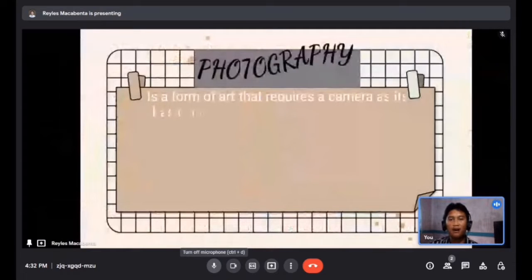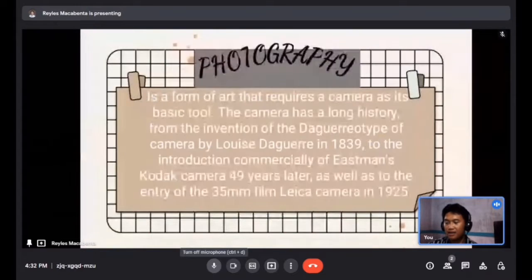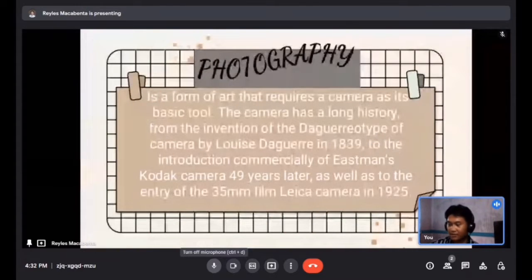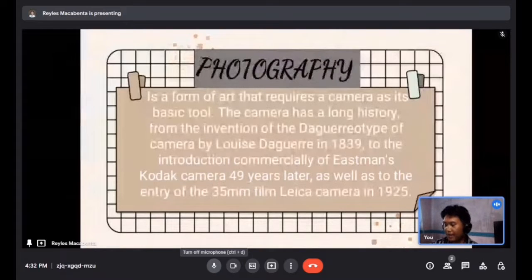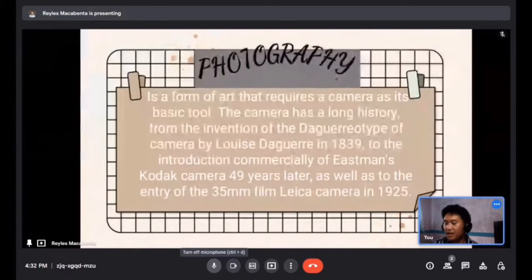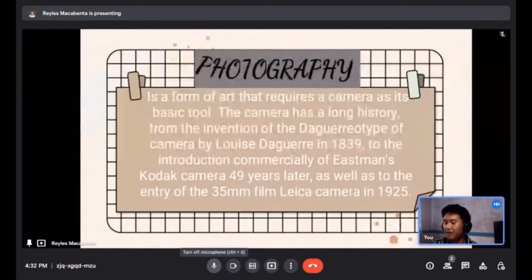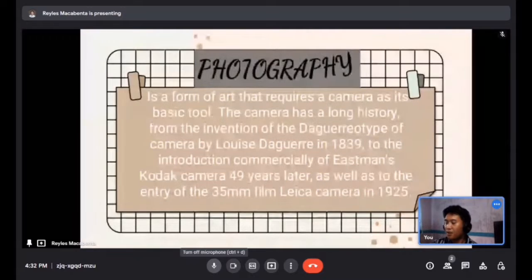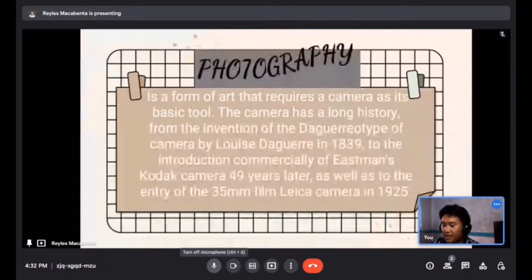So photography is a form of art that requires a camera as its basic tool. The camera has a long history, from the invention of the daguerreotype camera by Louis Daguerre in 1839, to the commercial introduction of Eastman's Kodak camera 49 years later, as well as the entry of the 35 millimeter film Leica camera in 1925.